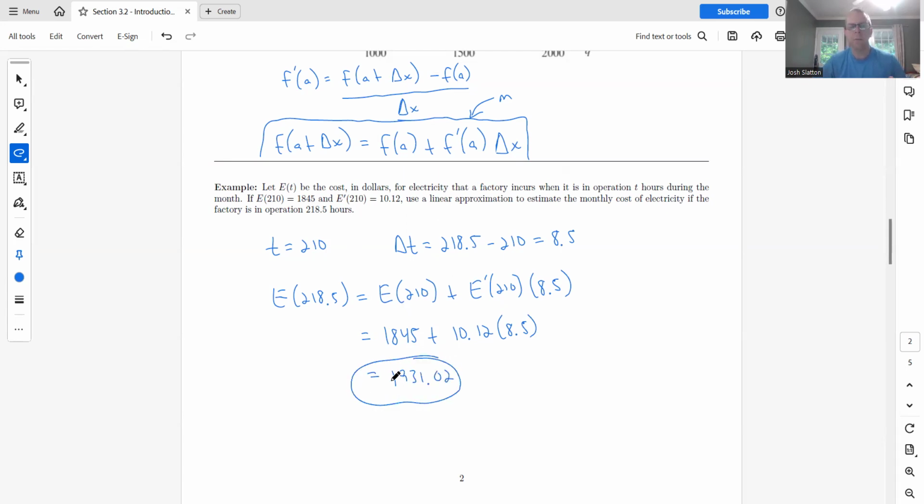And so that's the approximate cost of the electricity usage. So all we did, the cost is changing at a rate of 10.12 per unit at that point. Now, if we assume that's constant and move out 8.5 units, then that is the new cost.